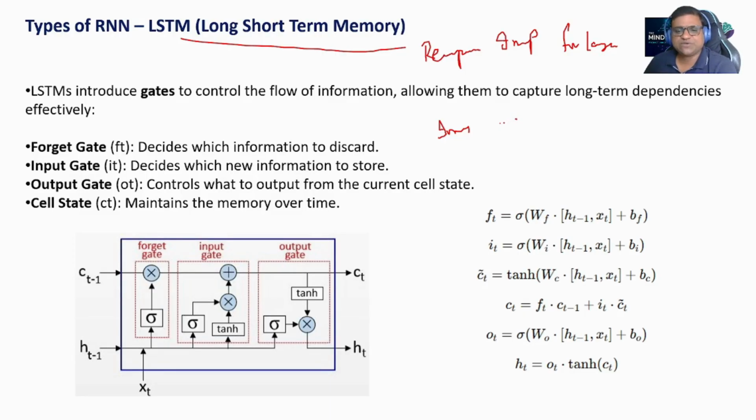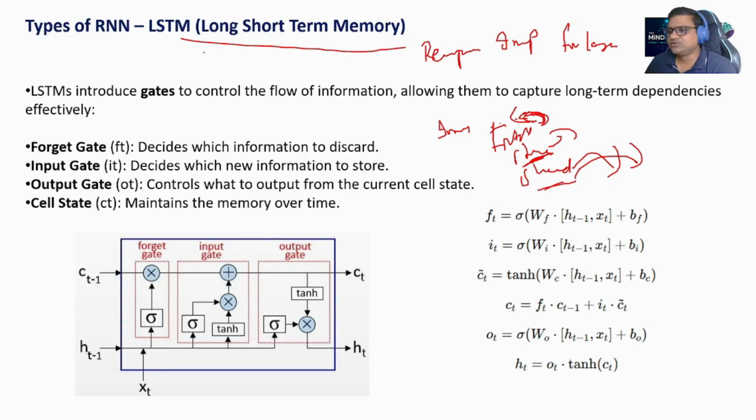Those three questions are exactly the three gates in LSTM. Which one needs to be forgotten, which one needs to be stored, and which one needs to be shared to the next state. The unimportant ones you forget, and the important ones you store and share to the next state.